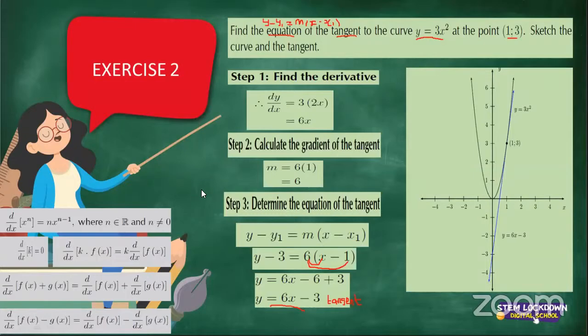Then we move to the next exercise. You just need to make sure that you can differentiate. So you can see this is your function. This is the point at which your tangent is passing. And this is the equation of your tangent.